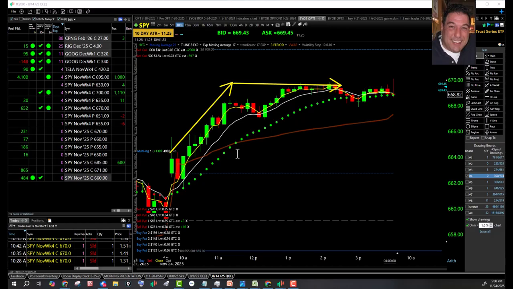At the first one, I would do one contract. Let's say it keeps coming back. Then I'd let it go 5 or 10 cents, depending upon how big this is. Then the next one is sometimes 1, sometimes 2, depending on the range of execution. So I'm going to put 2.